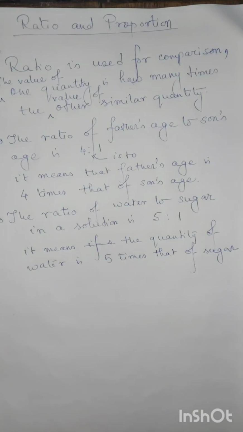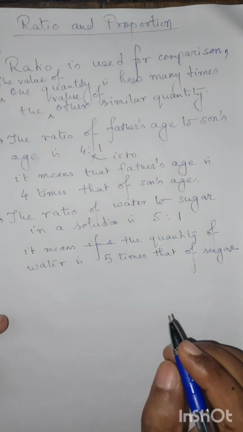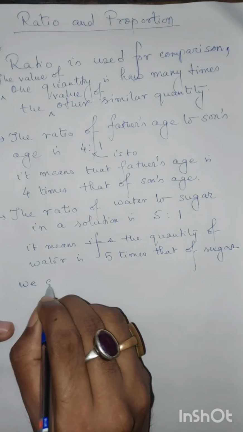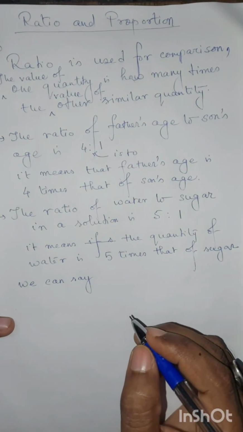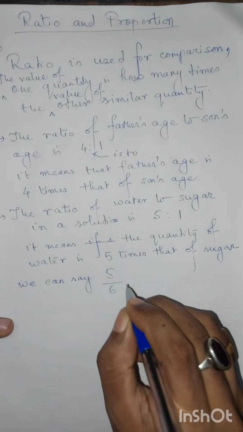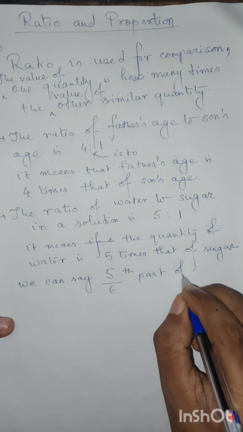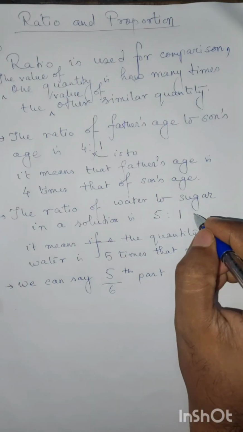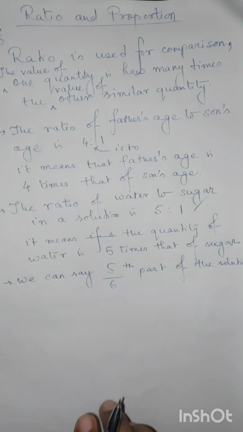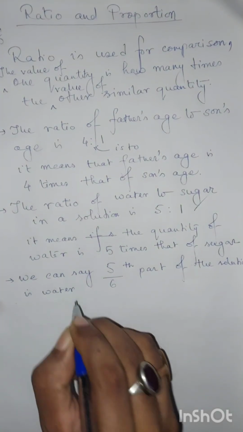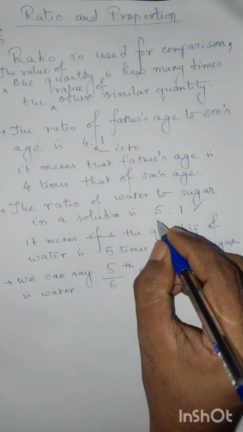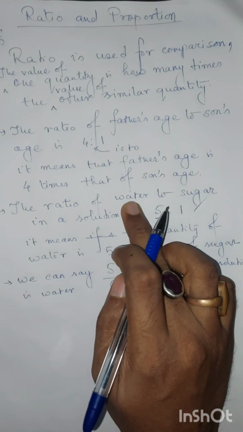Now, we can say 5/6 part of the solution is water. So we are talking about water. This position is for water, because water is first, after that sugar.